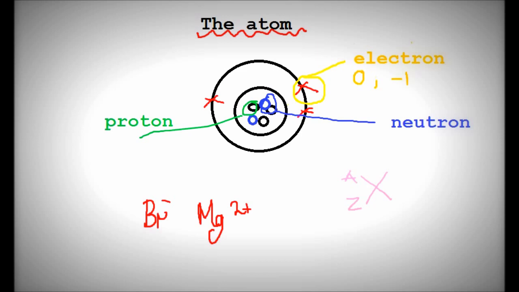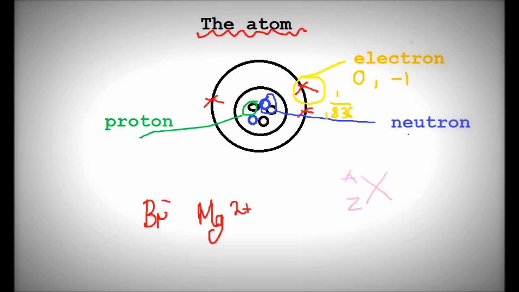For those of you who really want to know its actual mass, it's 1/1836, but you'll still get the mark for putting 0 if it asks you. Okay, the neutron is the next subatomic particle.